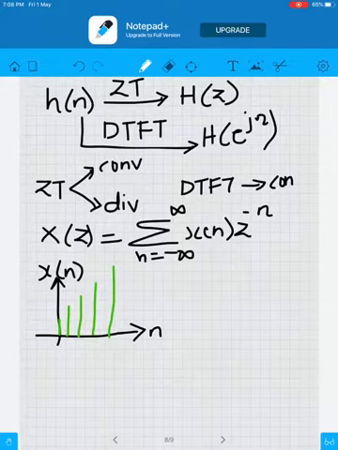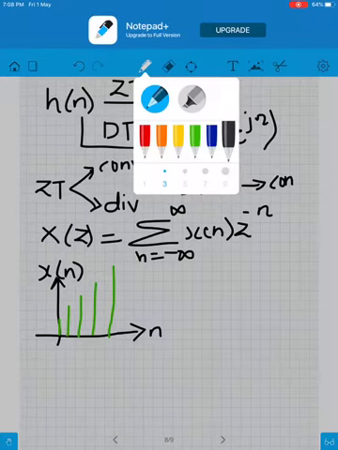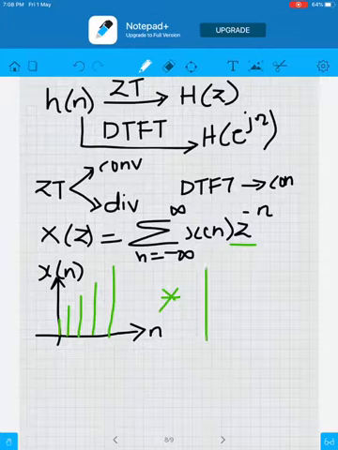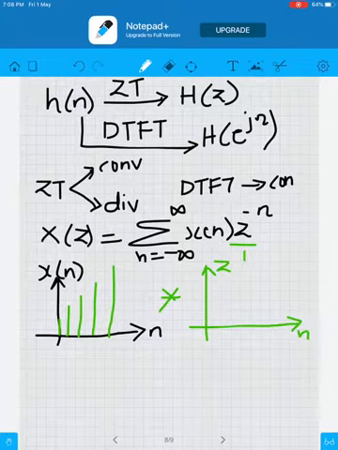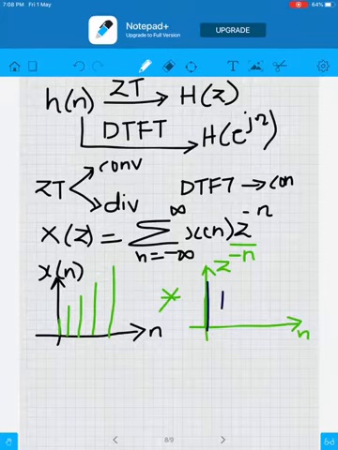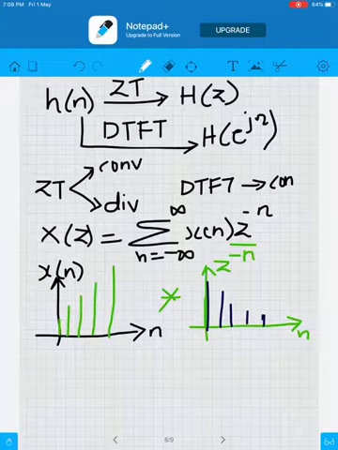Now, if you observe, we are multiplying that with z power minus n, which is a complex exponential sequence. If I make sure that this is multiplied with z power minus n, which decays at a rate faster than that at which x of n is growing, then multiplying these two functions, the result will be a function which is absolutely summable, and hence the z transform exists.